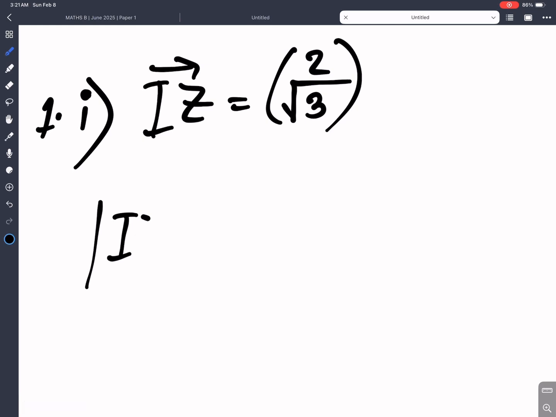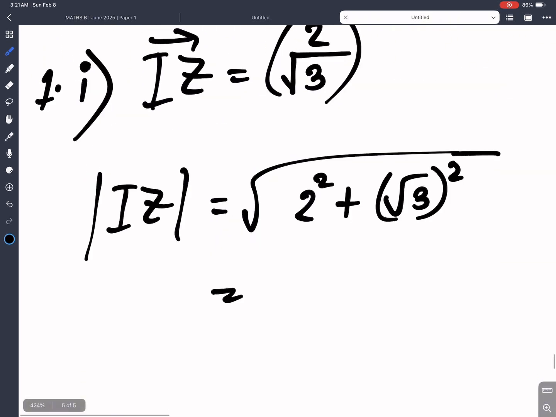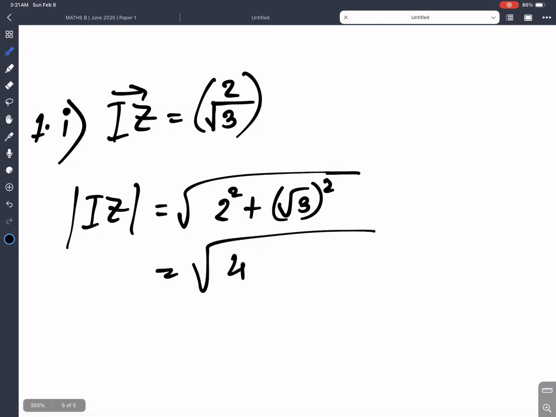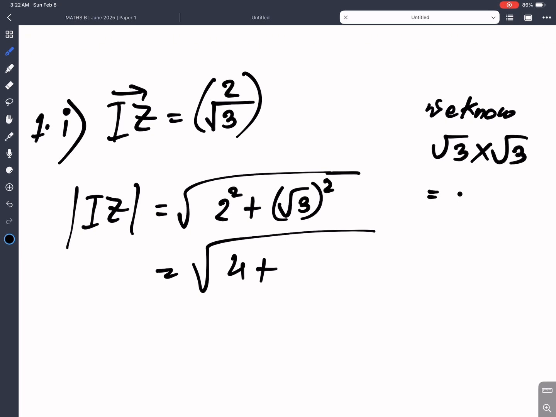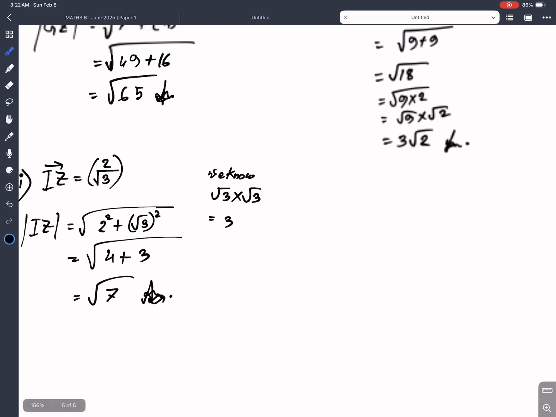So the modulus of IZ is root over 2 square plus root 3 square, which is 4 plus 3, because root 3 times root 3 is just 3. So 4 plus 3 is 7, and the answer is root 7. This is the answer for 1I.